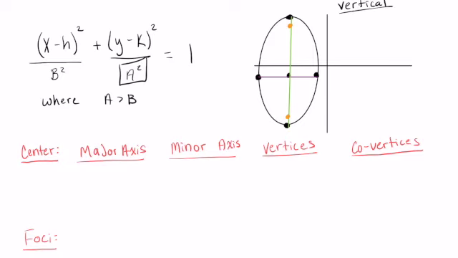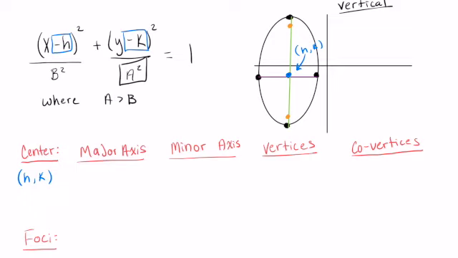Everything is going to be found the exact same way. Remember, my center is still at H, comma, K, and again we get that from looking at our H and K values. As I pull them out of the formula, what happens? Right on, my signs change.